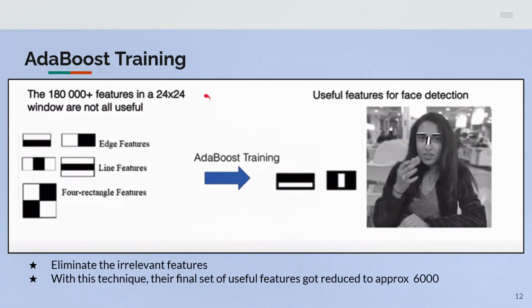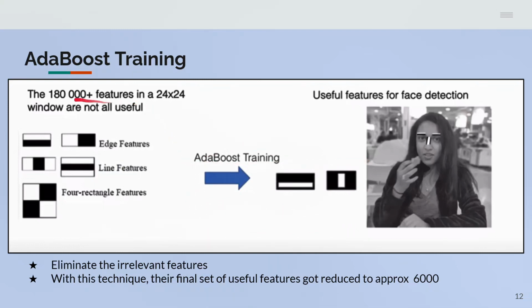In order to reduce the number of facial features, we are making use of Adaboost training. In Adaboost training, we are training our classifier to differentiate between the important facial features and the irrelevant features, the features which do not represent faces.